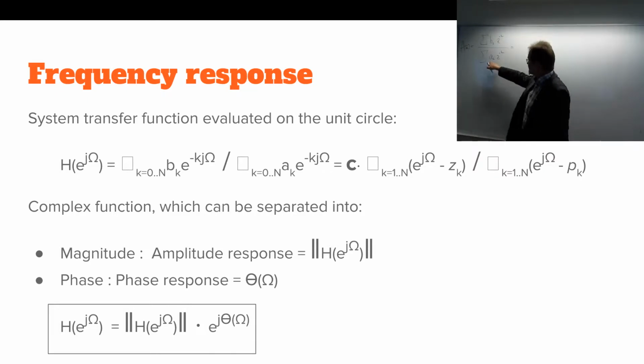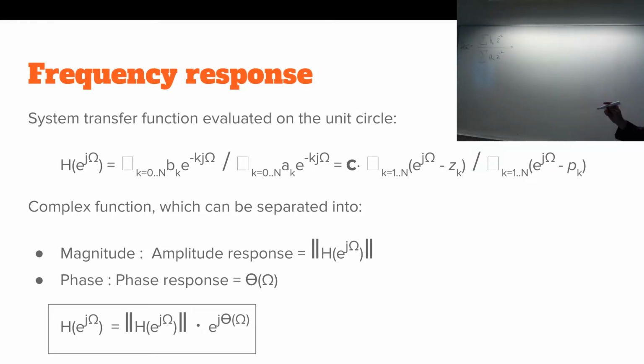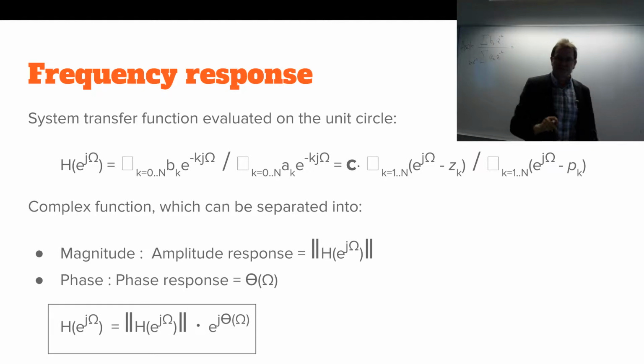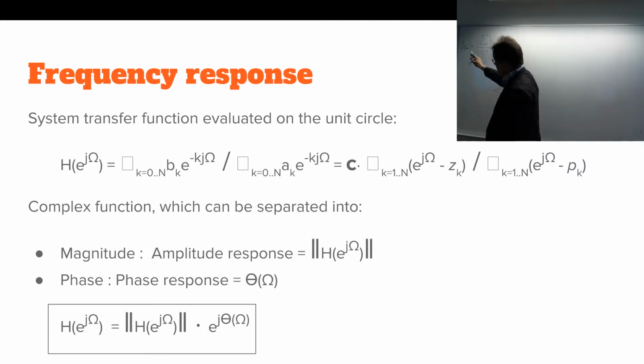So that's the transfer function from last week. And yes, the multipliers of y are actually on the denominator. Basically, if you calculate this at z equals e to the j omega, you will get the frequency response.